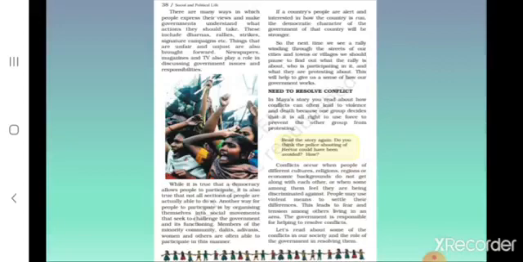And we also learned about the need to resolve conflict. That is, conflicts occur when people of different cultures, religions, regions or economic backgrounds do not get along with each other, or when some among them feel that they are being discriminated against. So, the government is responsible for helping to resolve conflicts.